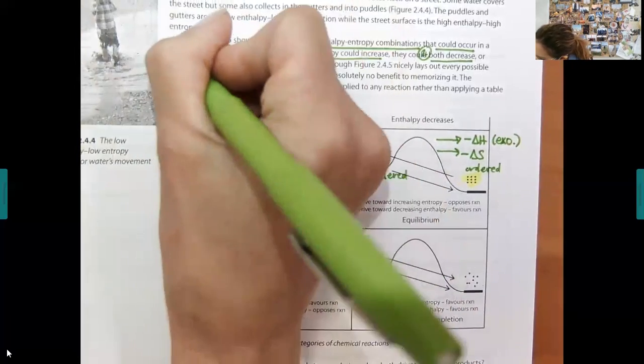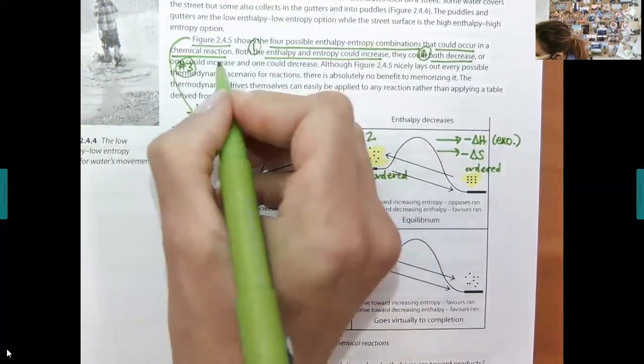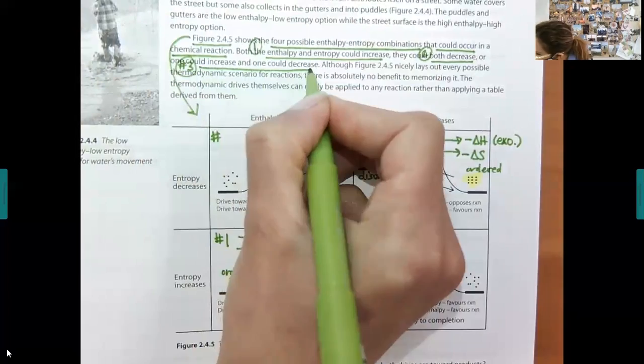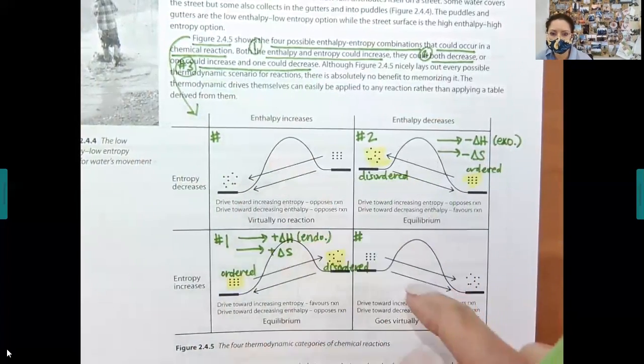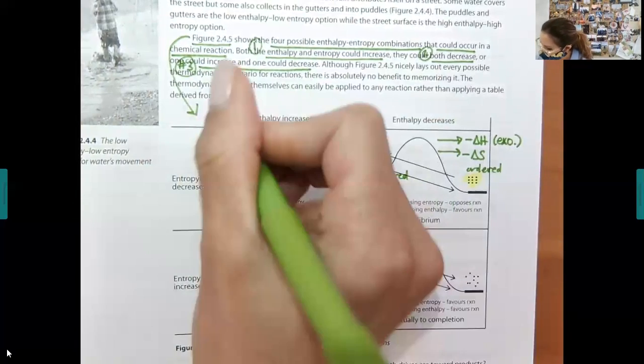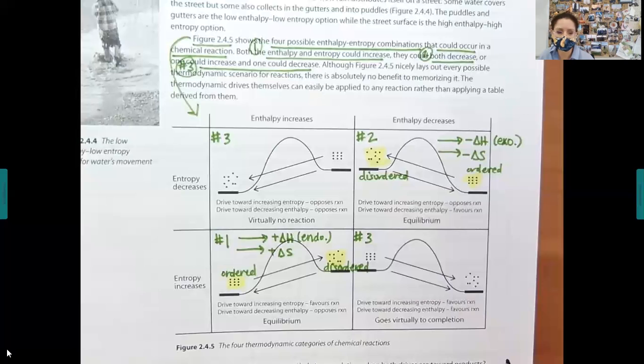The third option, one could increase and one could decrease. Now, there's actually 2 different variations of that. So I'm just gonna put a number 3 and a number 3 here, and I'm gonna explain the differences, okay?